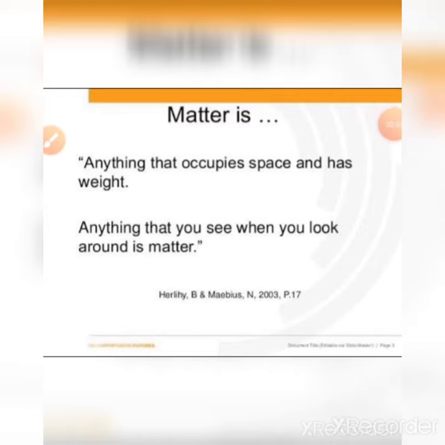Anything that occupies space and has weight, means anything that you see when you look around is matter.